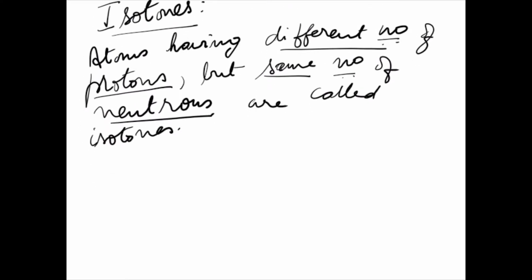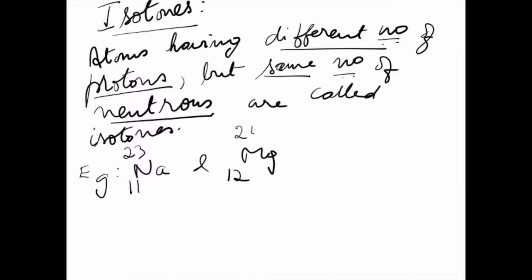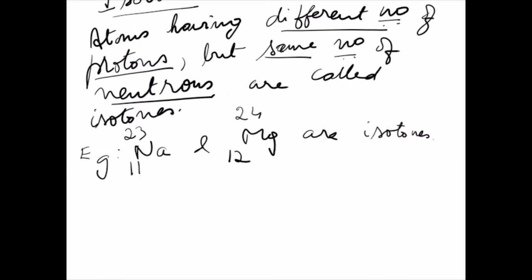Again, for example, Na 11 23 and Mg 12 24 are isotones. Why? Now in both of them, see what is there in sodium.